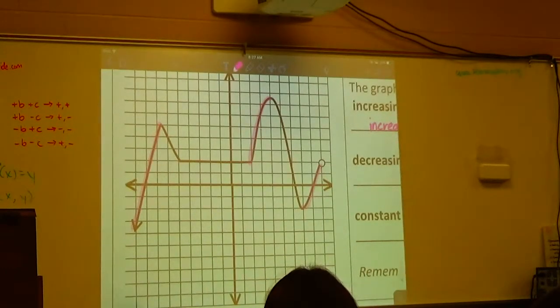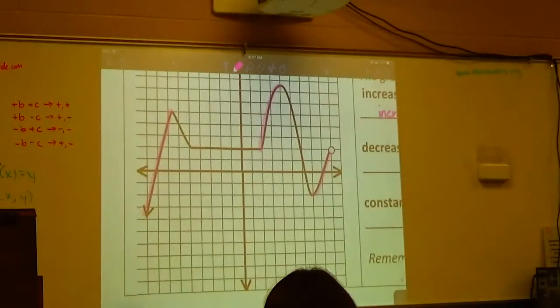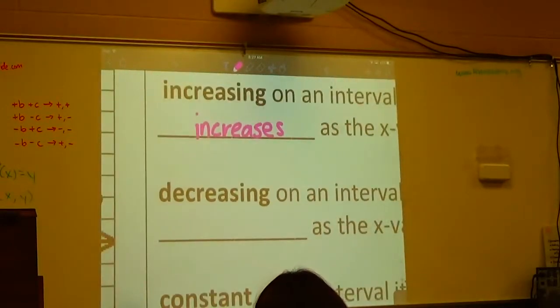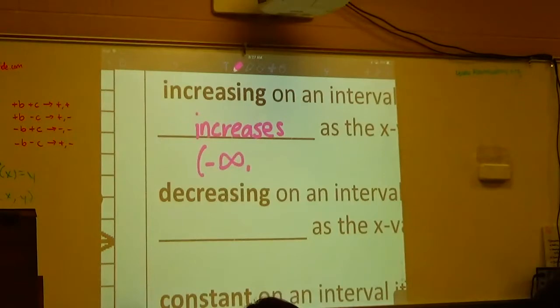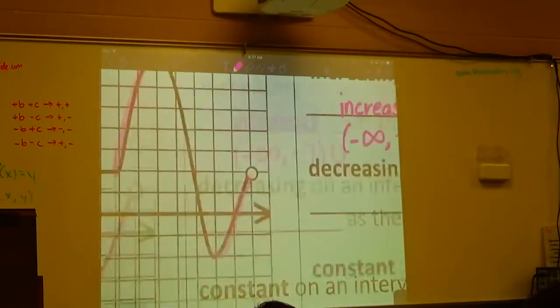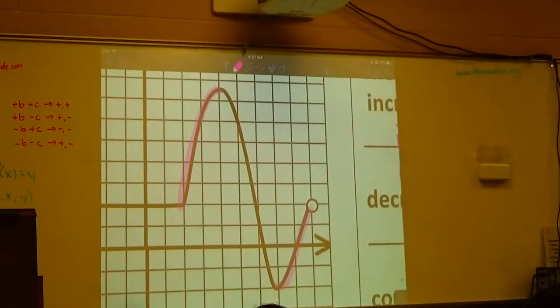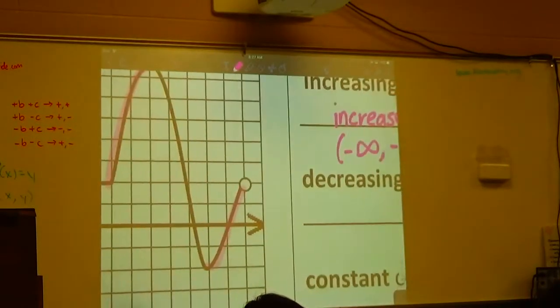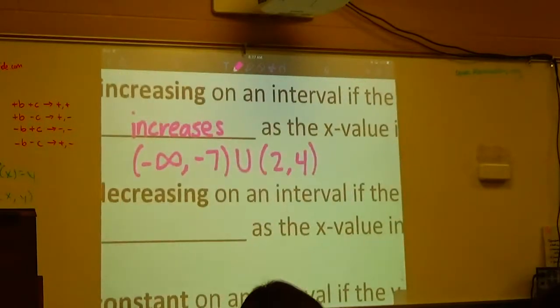We would write that from negative infinity to what point? 1, 2, 3, 4, 5, 6, 7. So this is increasing from negative infinity to negative 7, union this piece here from 2 to 4, and then 7 to 9.